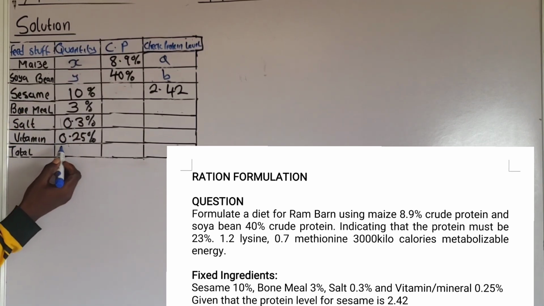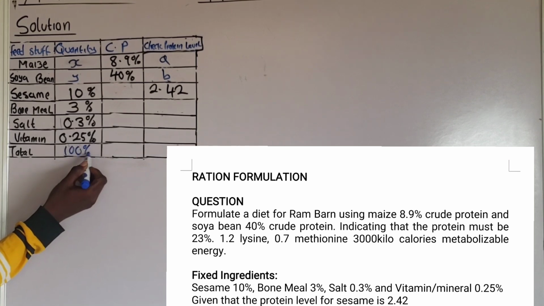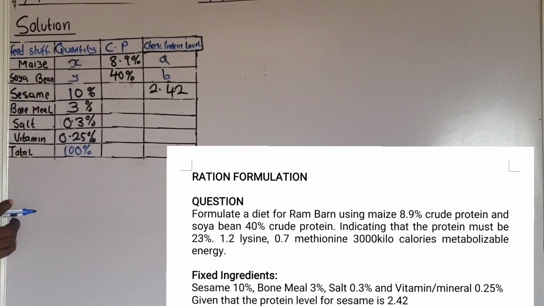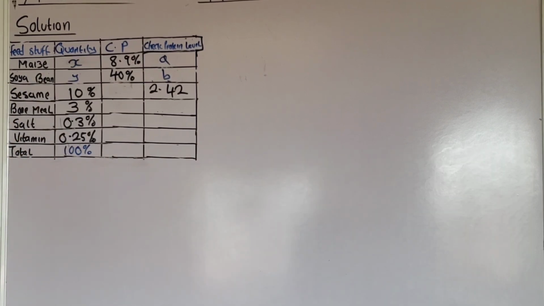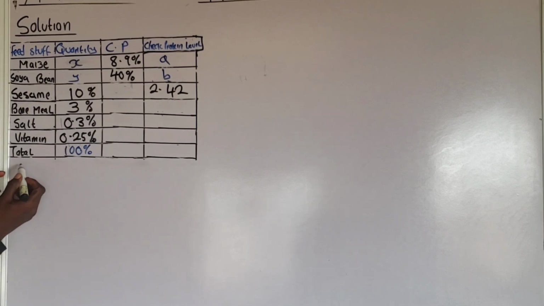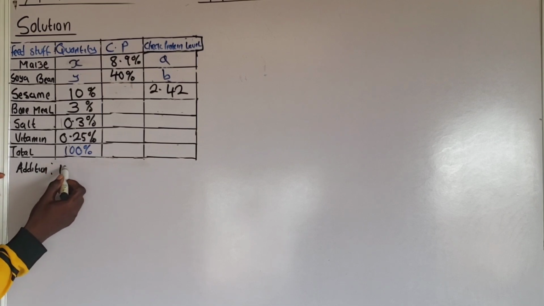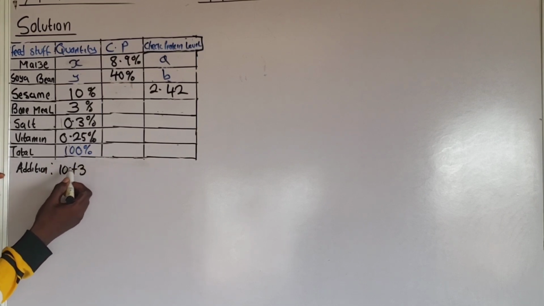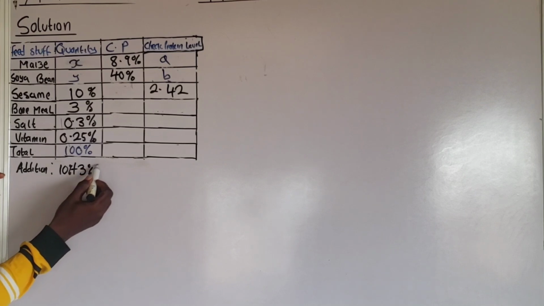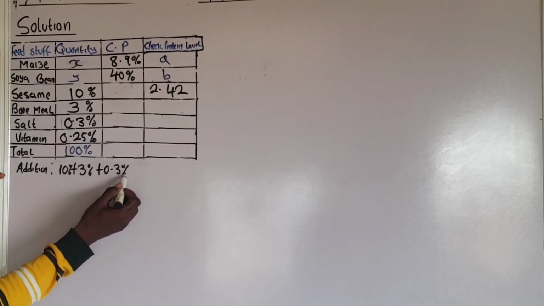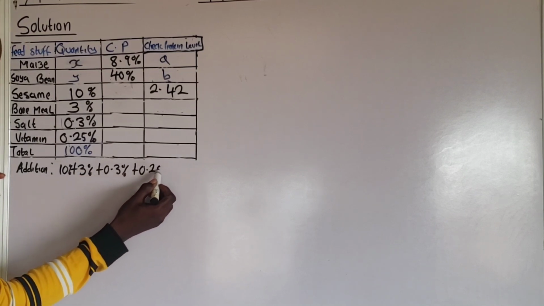All these ingredients must be 100% because it has been converted to percent. So their summation must be 100. So let us add: 10% plus 3% plus 0.3% plus 0.25%.